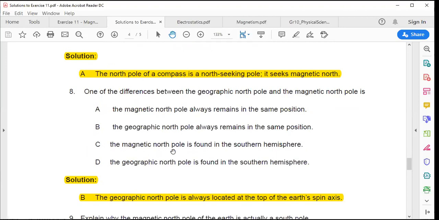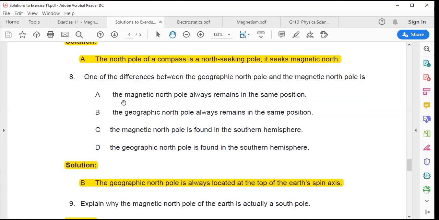C, the magnetic North Pole is found in the southern hemisphere. D, the geographic North Pole is found in the southern hemisphere. All right. So if you look at the first one, the magnetic North Pole always remains in the same position. This one, it shifts.